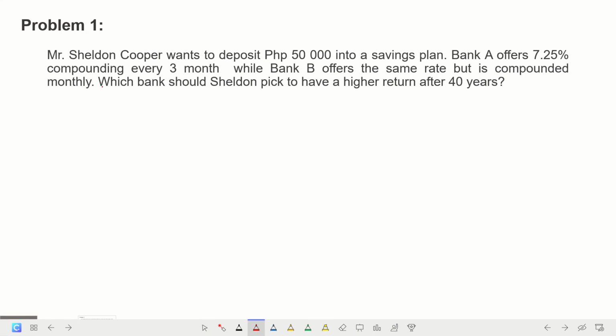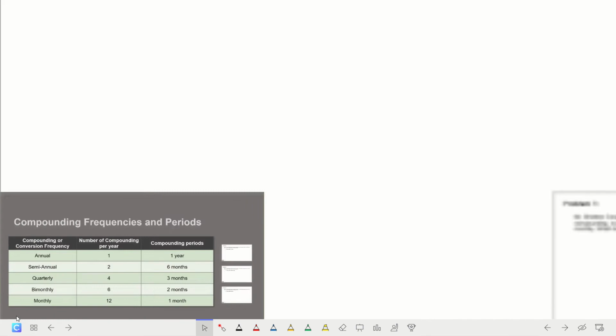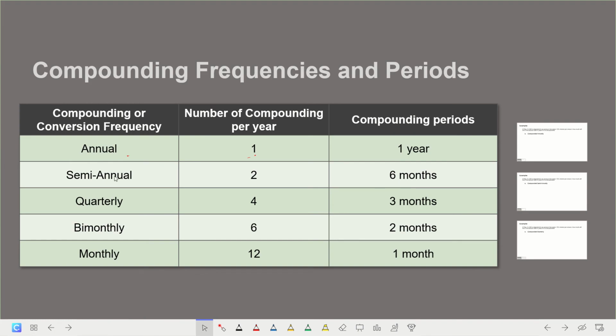So, let's write the given for Bank A. The rate for Bank A is equal to 0.0725. The number of compounding is every 3 months. When it says every 3 months, that is 4, quarterly, so 4 times.